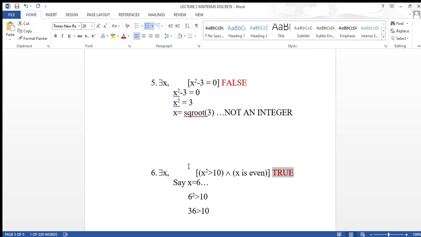So if you can find even just one element in your universe of discourse that will violate the condition given, then the proposition will be false. On the other hand, for an existential quantifier, you just need one. You just need one value in your universe of discourse to make the statement true.